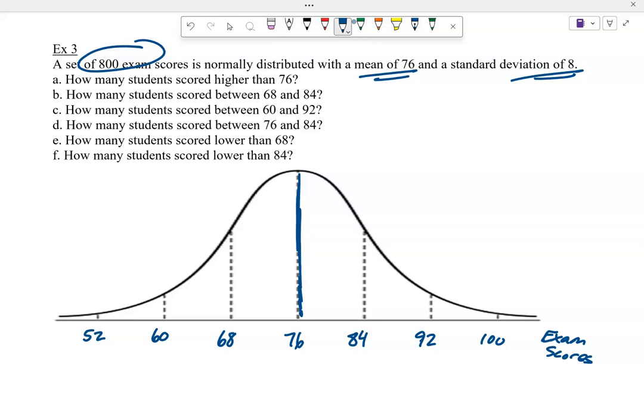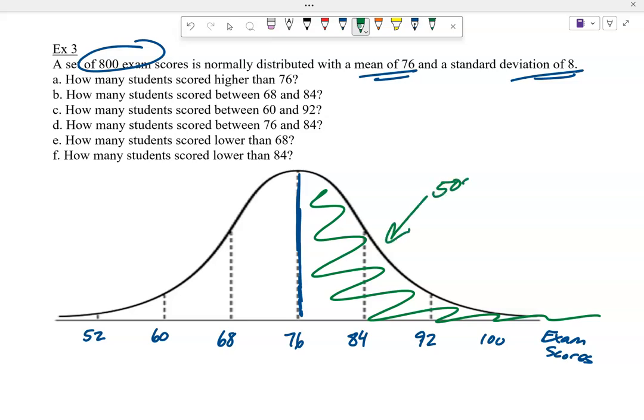Part A, how many students scored higher than 76? So we want to know everybody above the median, including way up there. Well, we know 100% of the data is below the curve, so that's got to be 50%, right? So we know 50% would be higher than 76.